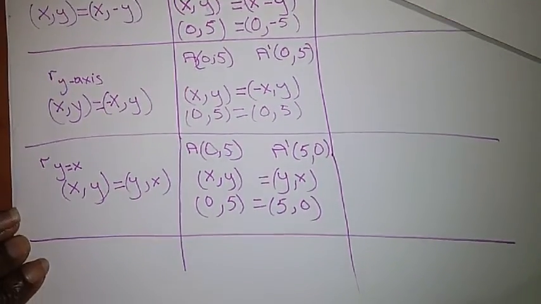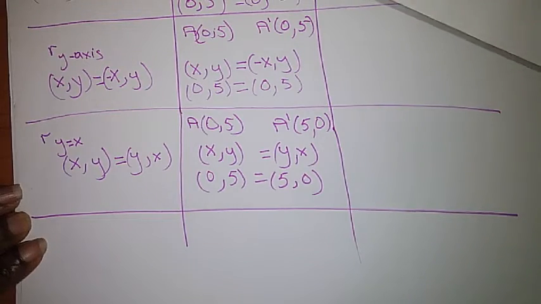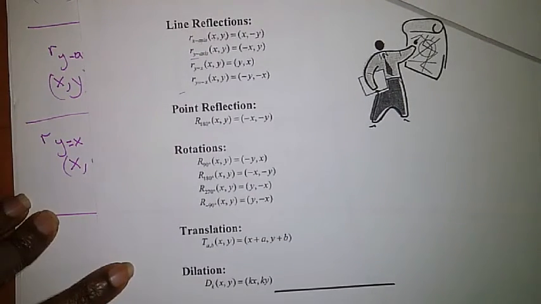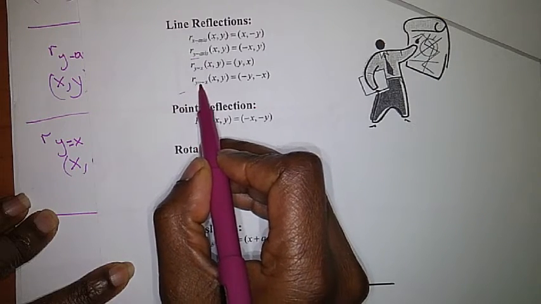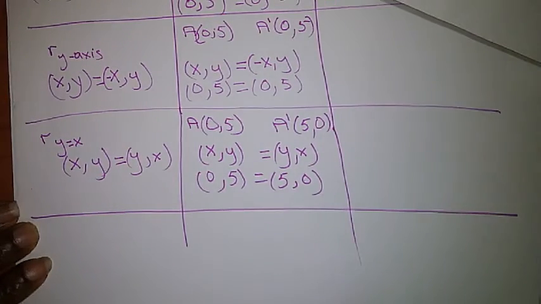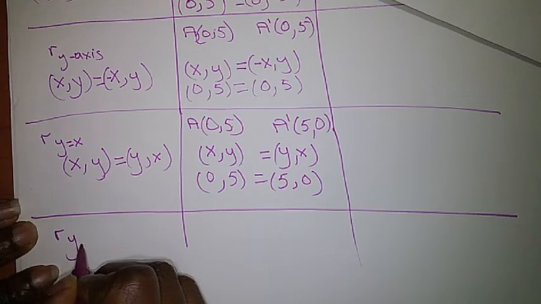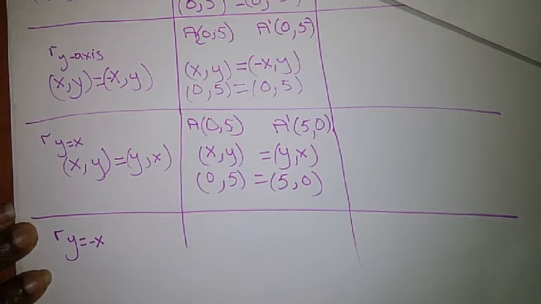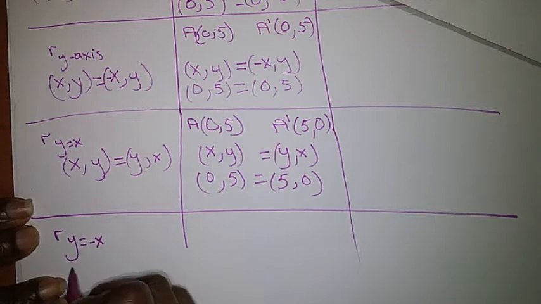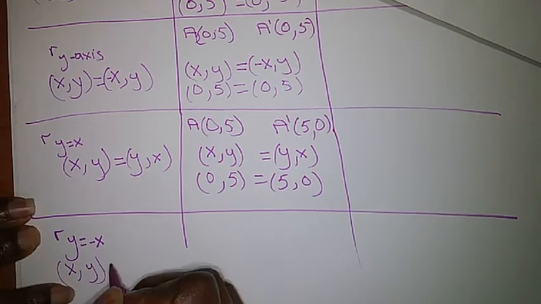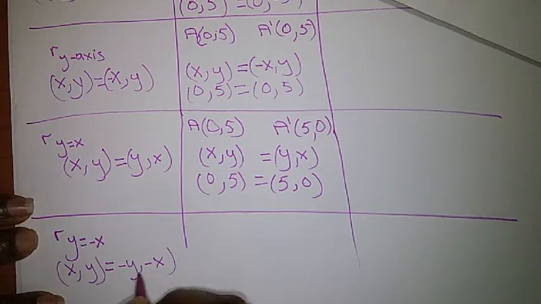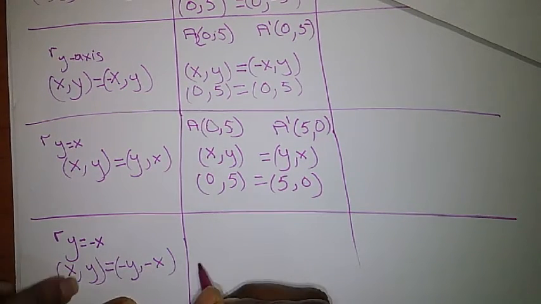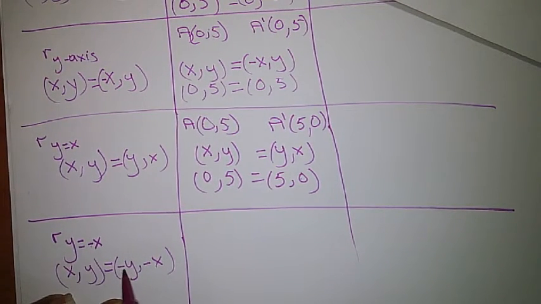Okay, the last one. Going back to my sheet, I'm going to do a reflection over the line y equals negative x. I'm going to write the rule again: (negative y, negative x), because this negative negates both coordinate points.